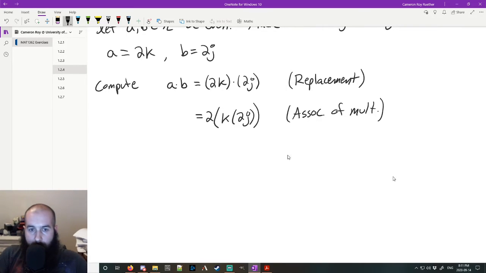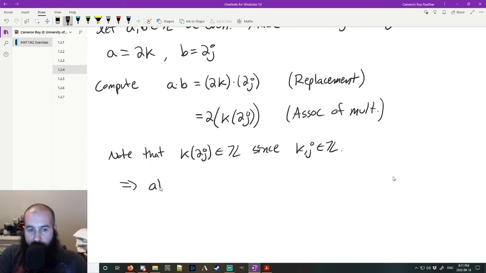And now we have that a times b is 2 times something, and we can note that k times 2j is an integer, since we started with integers, and the integers are closed under their operations of addition and multiplication. So what we've shown is that a times b is 2 times an integer. This means that ab is even.